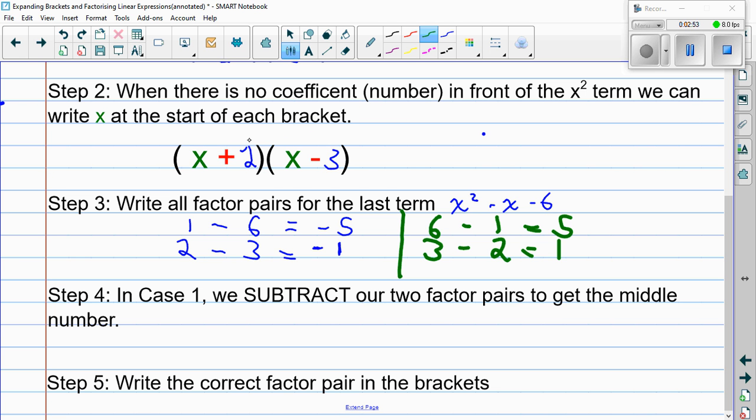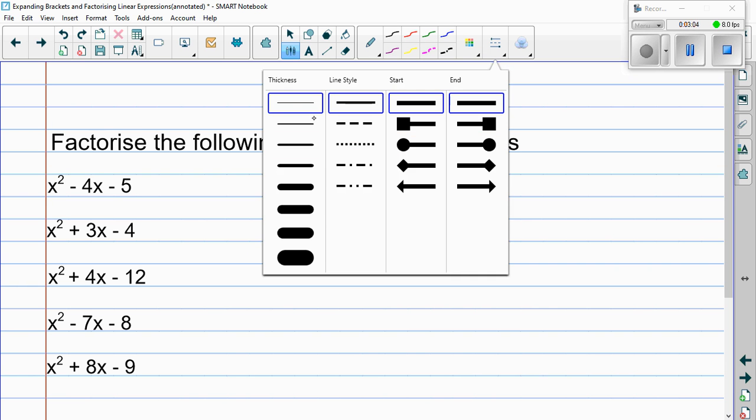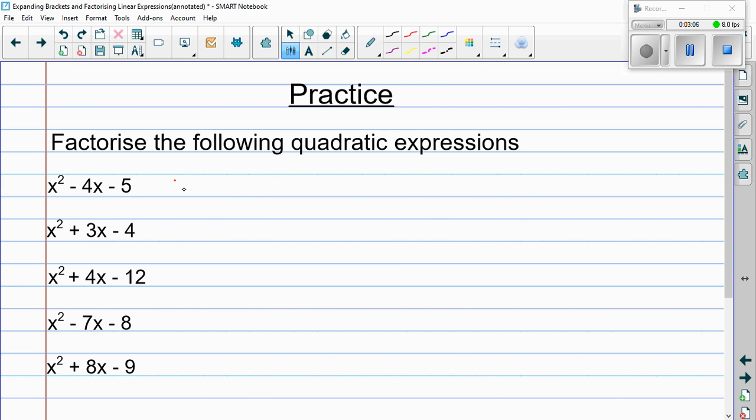So we're going to move on to our practice problems. I'm going to go through the first one just to make sure that you're on the right step. So here we're looking at our second sign, and it is negative. So we know that our signs are going to differ.